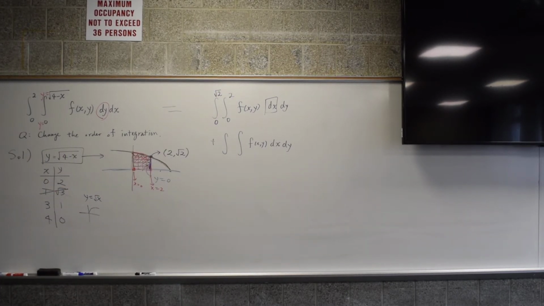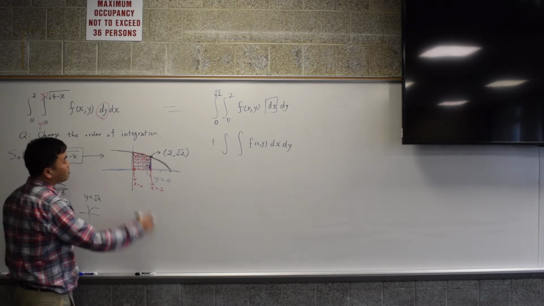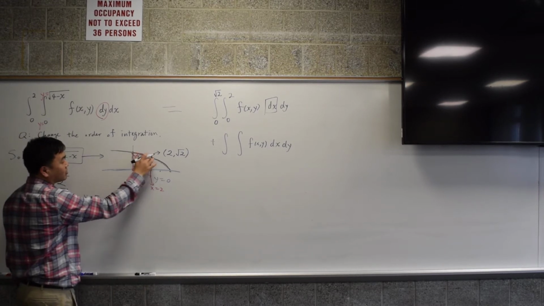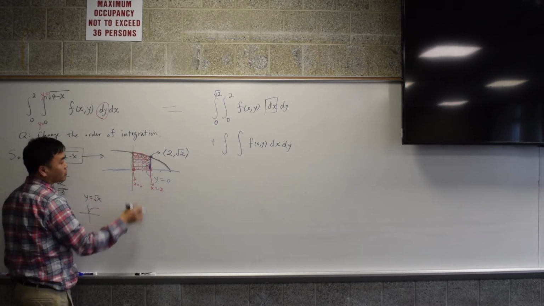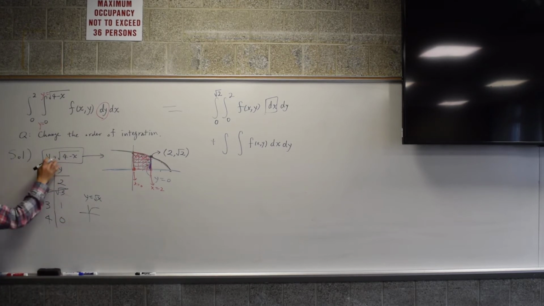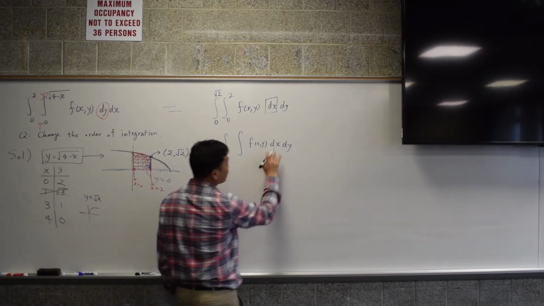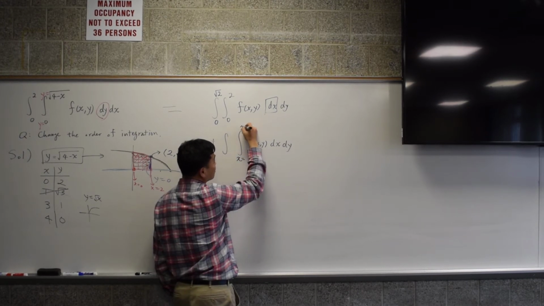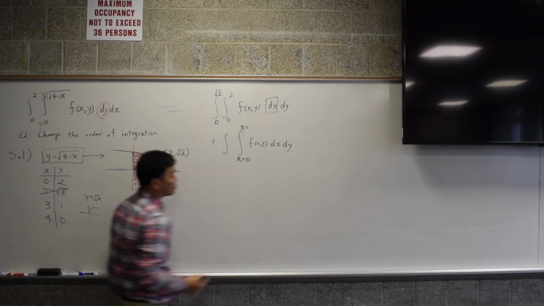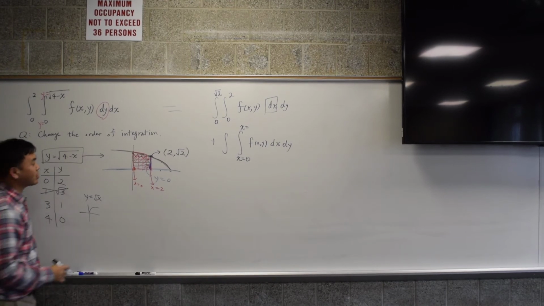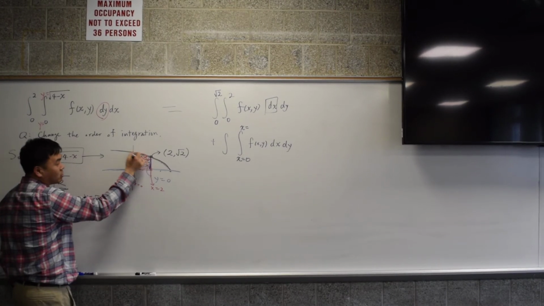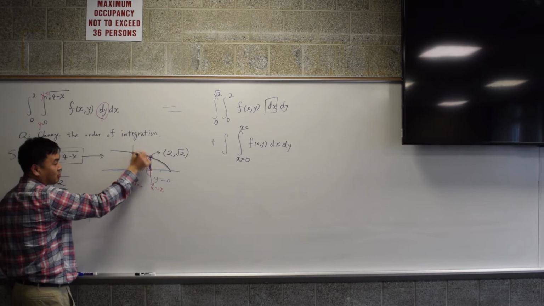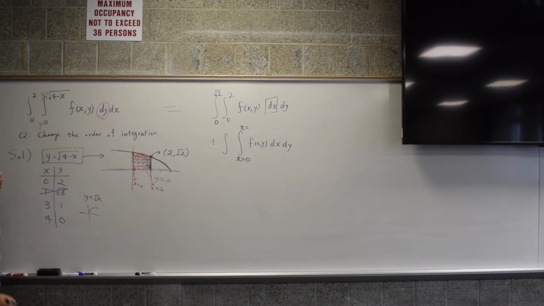On the other hand, if you want to represent this small region here, you first have to rewrite this in terms of x, because when you have dx here, that means you're trying to represent everything as x equal to something. This is easy. You still start from 0, but that doesn't change. But now, my goal is to represent this top curve in terms of x equals something.